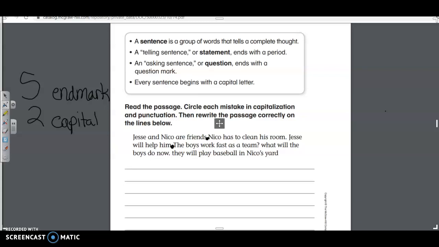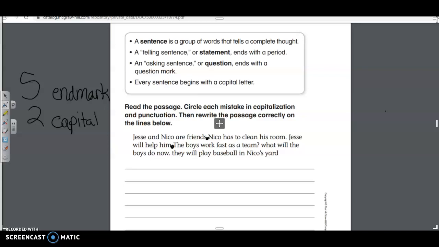Okay. Now let's read the next sentence. What will the boys do now? Okay, there's two mistakes in that one. Find them.